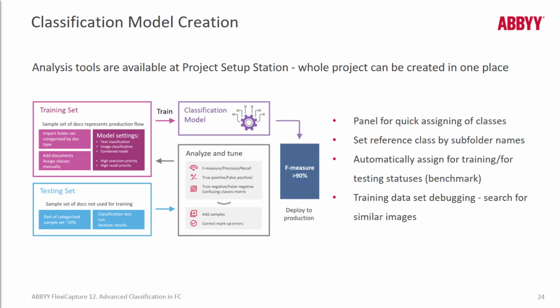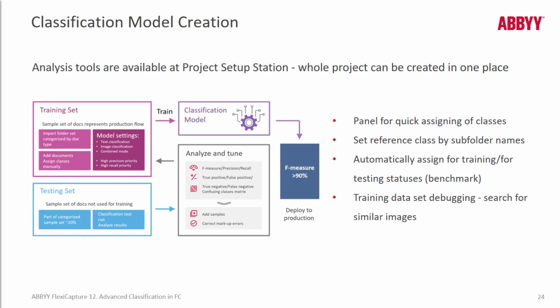And we've got a panel for quickly assigning classes. We have the ability to set the reference class based on the subfolder name. And our benchmark tool can automatically divide all the images into training and test sets. And you can alter the percentage of documents. And we've got debugging tools.